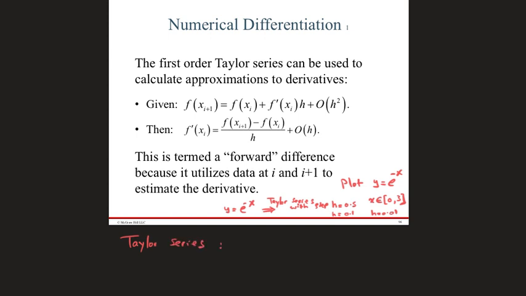So for the Taylor series, you would say that y of a is equal to f of a, plus h multiplied by f dash of a.